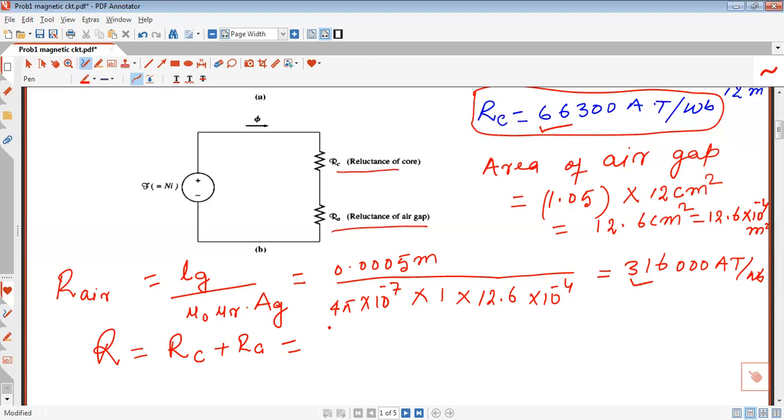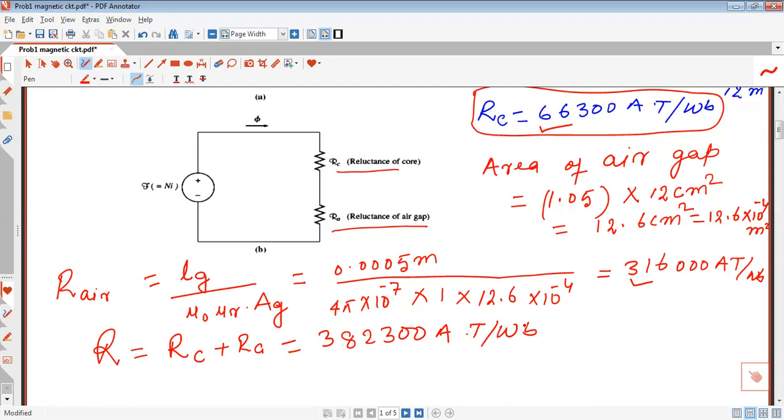These two values we have to add, and after adding we will get 382,300 ampere turn per Weber.